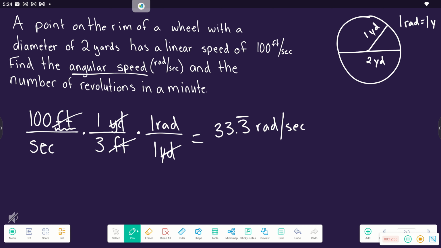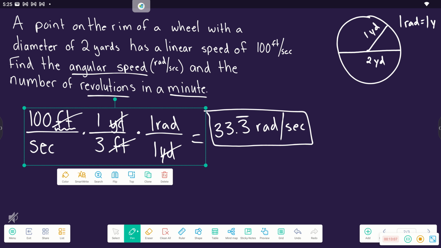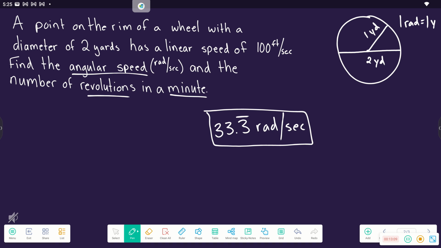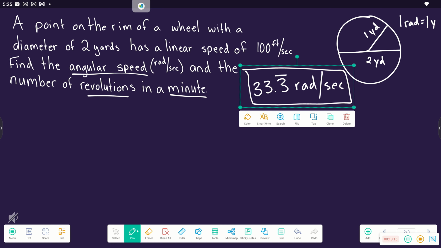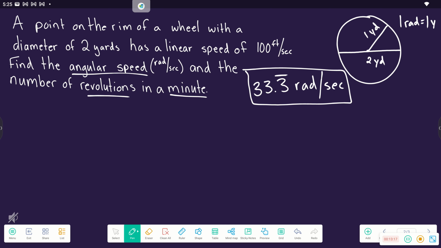We were also asked to find the number of revolutions in a minute. Okay, so we're going to box this as one of our answers. Let's get rid of this work here. Perfect. And now we are going to take our angular velocity and use it to find our number of revolutions.